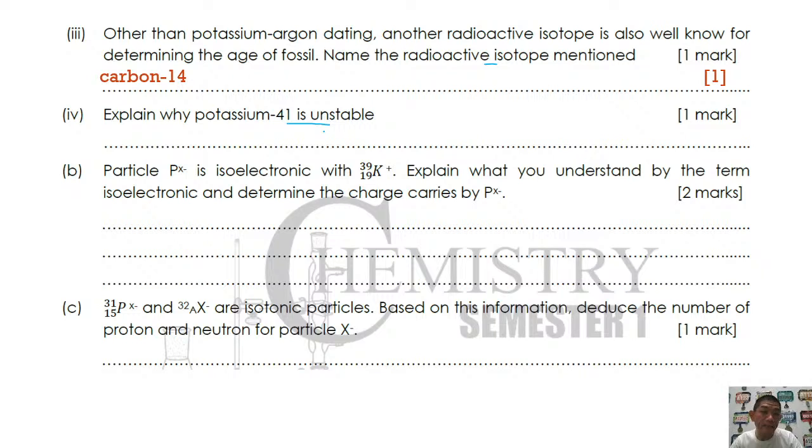Okay. So why is potassium-41 unstable? Here is the way you should answer. Either you answer by saying because it has a short half-life, or because it is radioactive, or because it disintegrates easily.